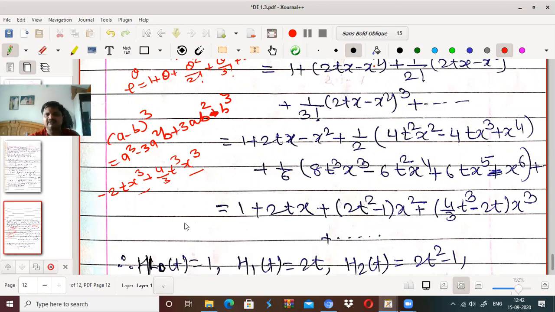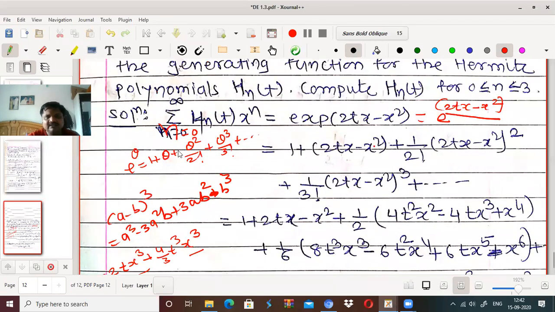Write it like this. What is the left hand side? Summation from n equal to 0 to infinity h_n of t into x to the power n.